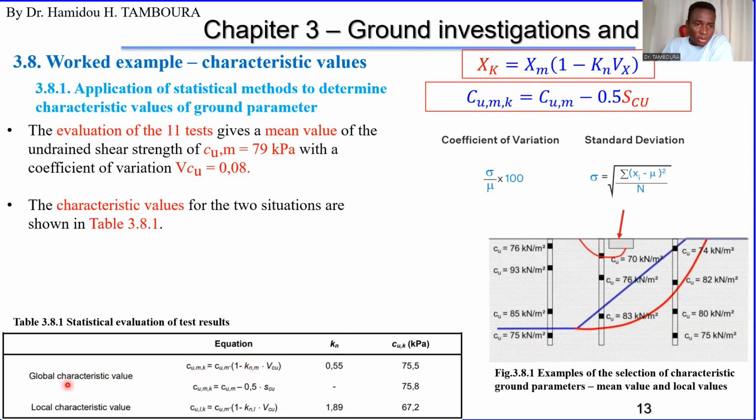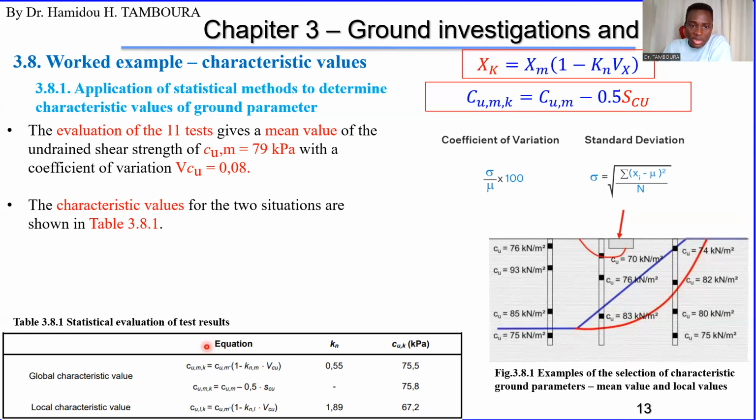for this global characteristic value, meaning the mean value, we will take the two formulas. So see the average, this formula is exactly this one. Okay, don't be confused by the symbols.